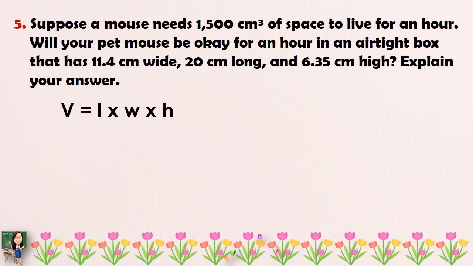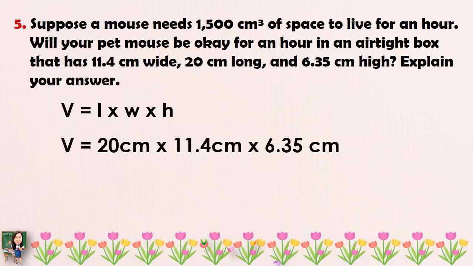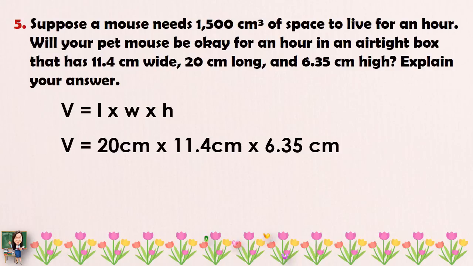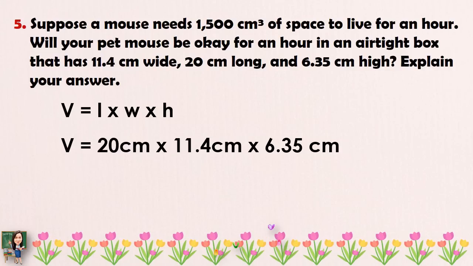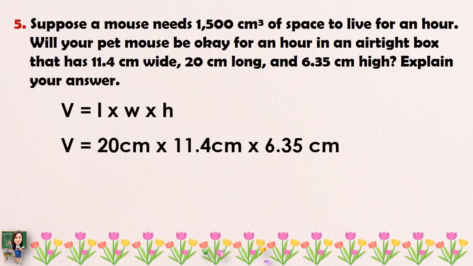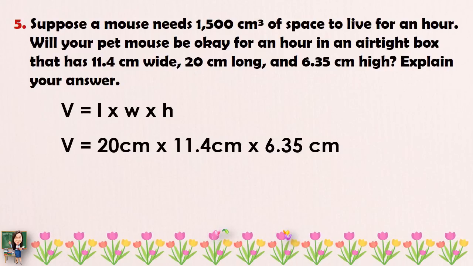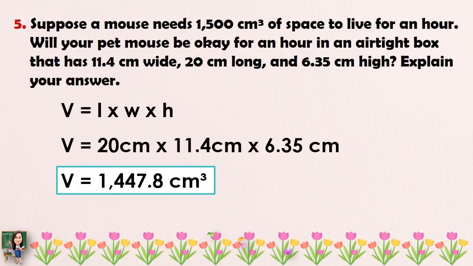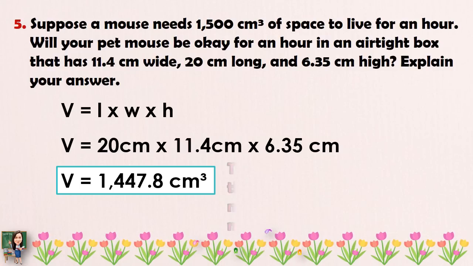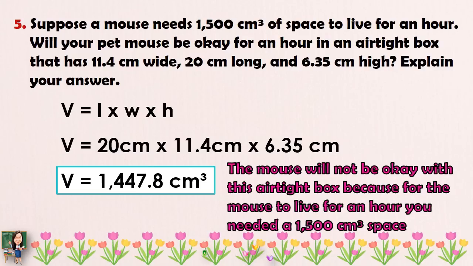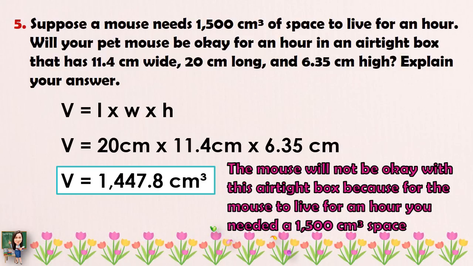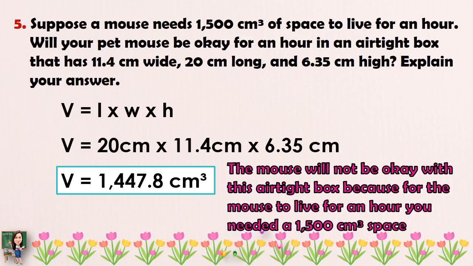Use this formula, where length is 20 cm, the width is 11.4 cm, and the height is 6.35 cm. 20 times 11.4 times 6.35 equals about 1,448. Therefore, the mouse will not be okay with this airtight box because for the mouse to live for an hour, you need a 1,500 cubic centimeter space.